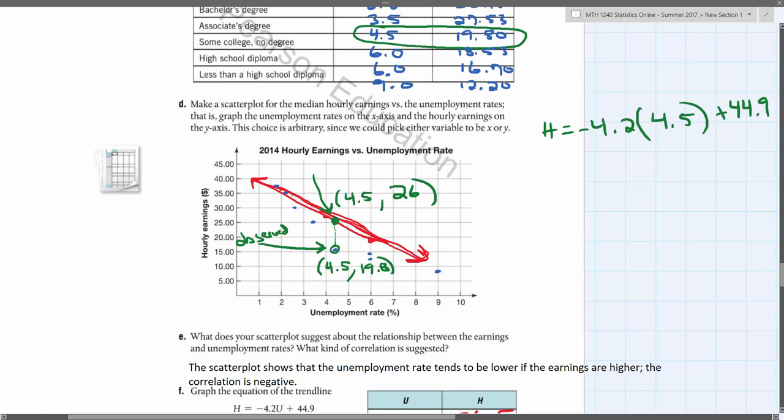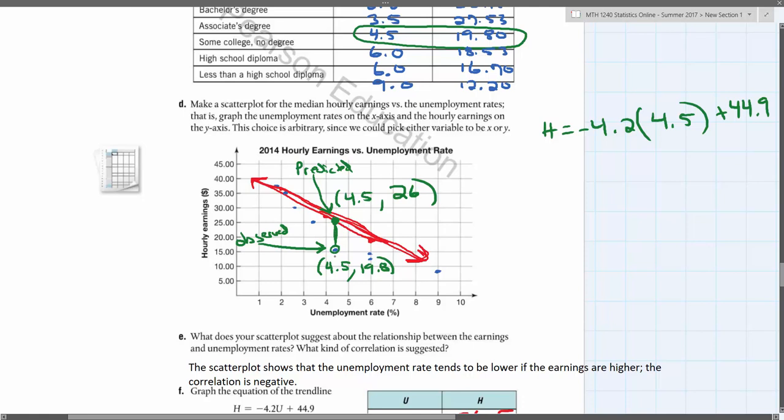The line is what we use to make predicted values. So this is the predicted value. What we're looking at is the difference in the y values, and that's what we call the residual, the distance between the observed value and the predicted value.